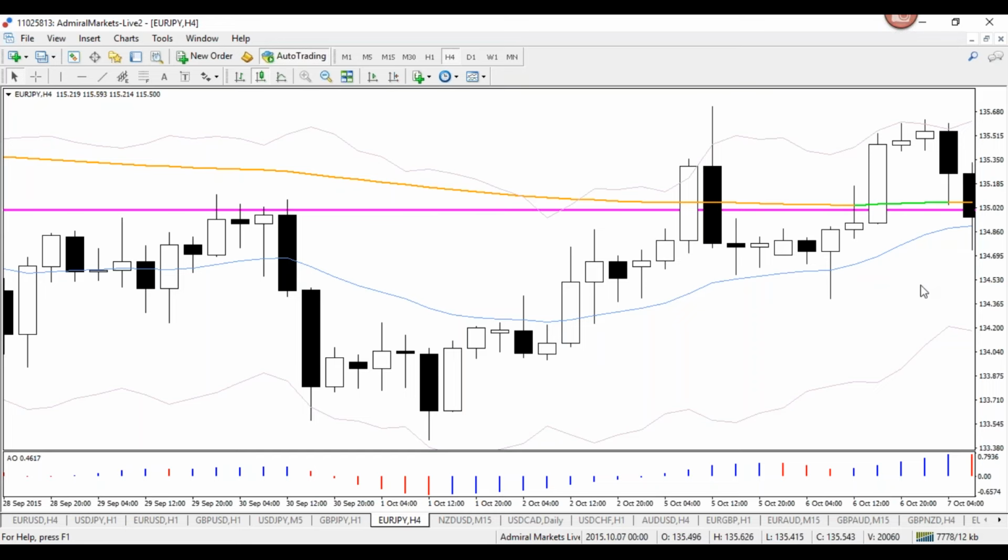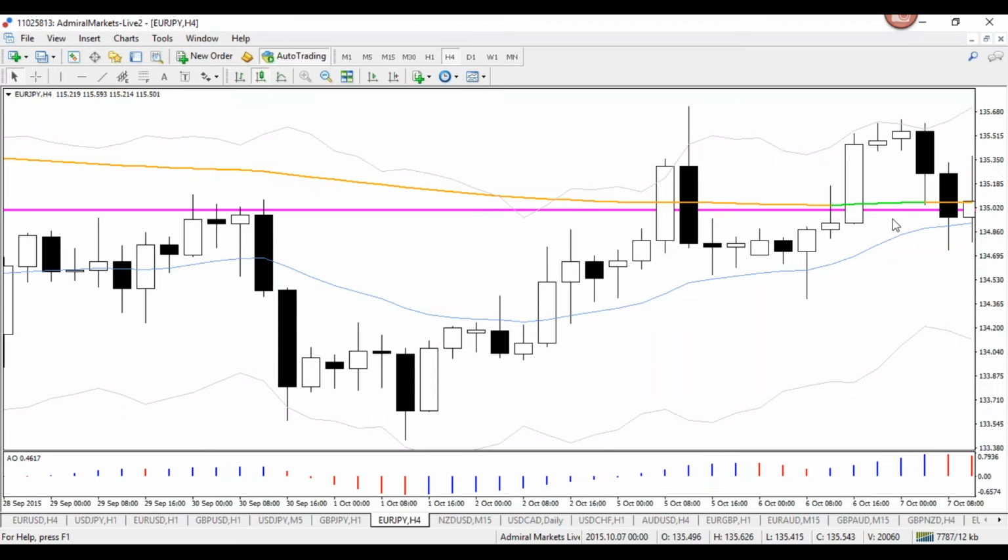Two bearish candles indicate kind of a double top. It indicates the end of this momentum to the upside. I'm not necessarily interested in shorts yet, but let's see. All right, this is a wick here.